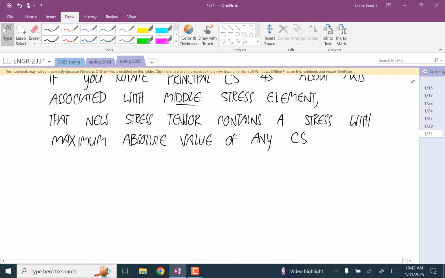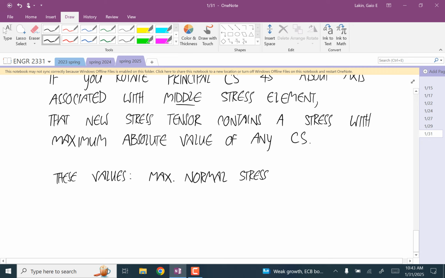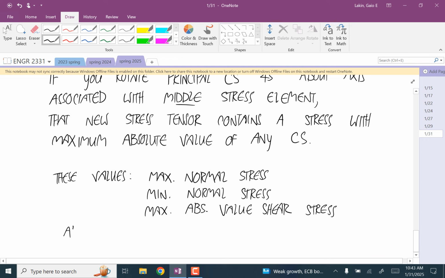So these values, what I'm talking about is the maximum normal stress, the minimum normal stress, and the maximum absolute value shear stress are very useful in predicting damage.